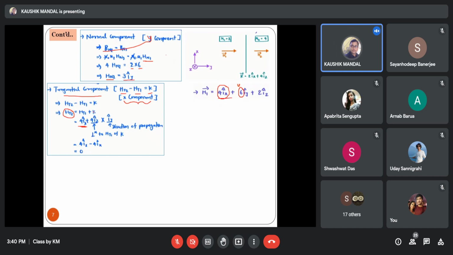Next is the crucial part: how we can find out this K. To find this K, you have to find two parts. K will be equal to the perpendicular of Ht1 of K, crossed with the direction of propagation. Now you see the equation of K is given.